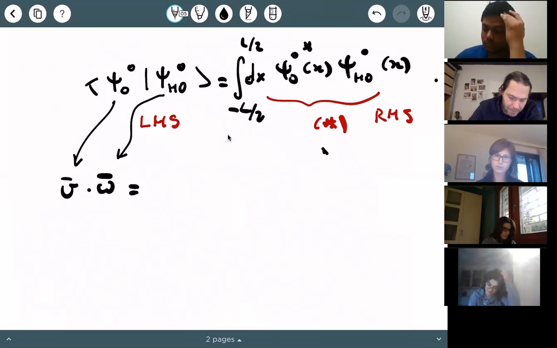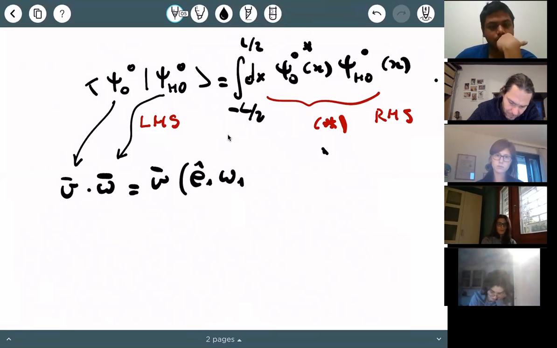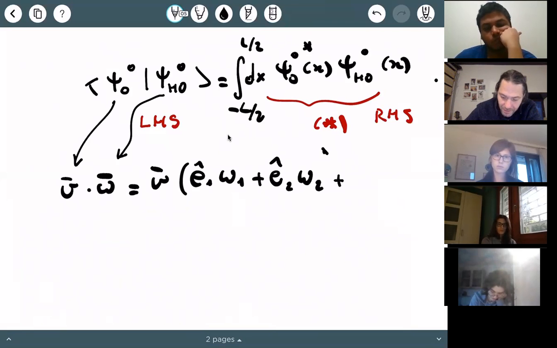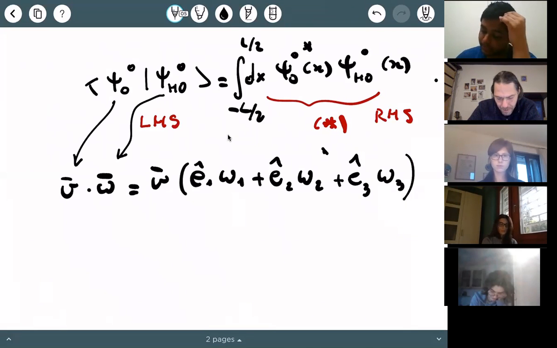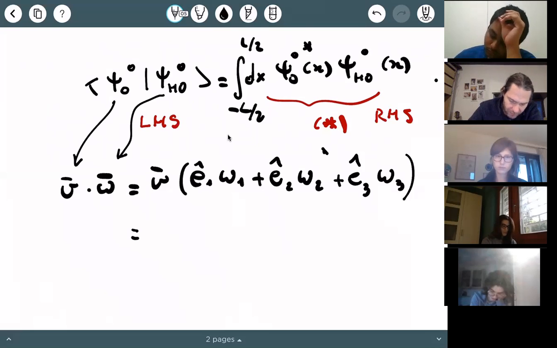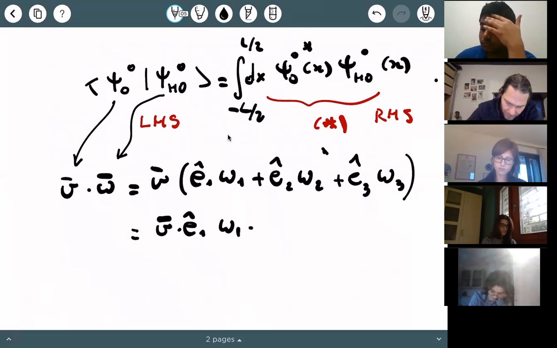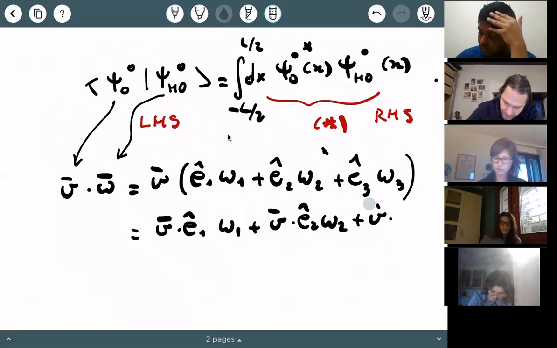So what I do, I write the following. I project onto my basis, which essentially specifies the representation of my vector space. This will give me V dot E1 times W dot E1 plus V dot E2 times W dot E2 plus V dot E3 times W dot E3.